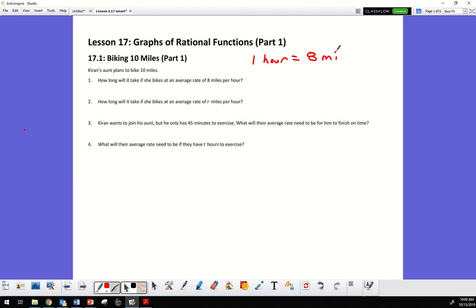So if I know every hour I go 8, what about half an hour? 4 miles, right? In half an hour I would go 4. Okay, let's try that again. What about half of a half? 2 miles. What is half of a half hour? 15 minutes, right?